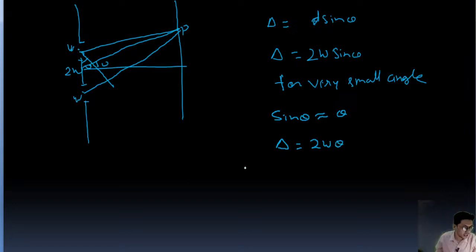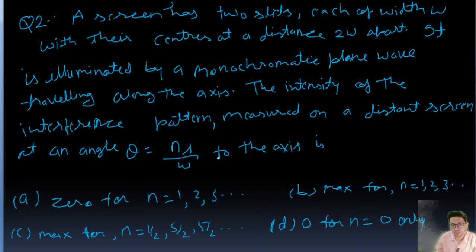Now we can write delta equal to 2 omega theta, and the value is given. We need to find the intensity of the interference pattern measured on the distant screen at angle theta equal to this.